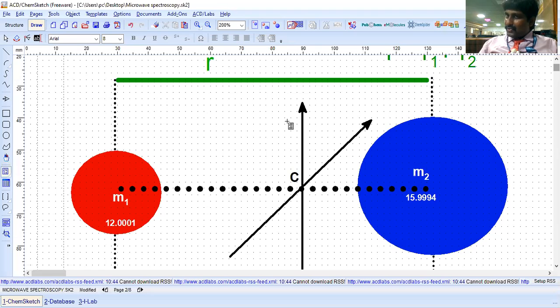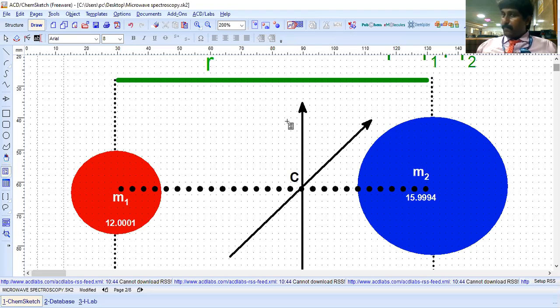Whether it is stretching or bending, qualitatively. We cannot tell the bond length quantitatively in vibrational spectroscopy. We can tell how bond angles influence it, but not the bond length.